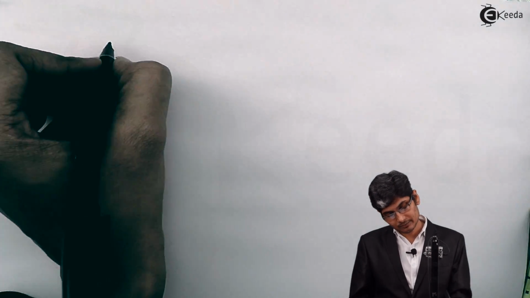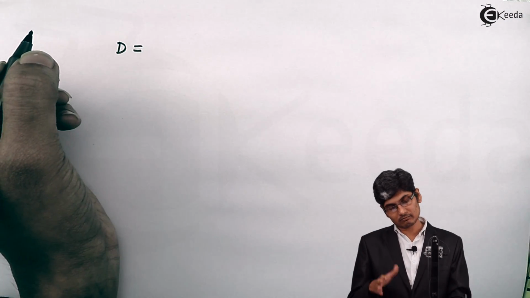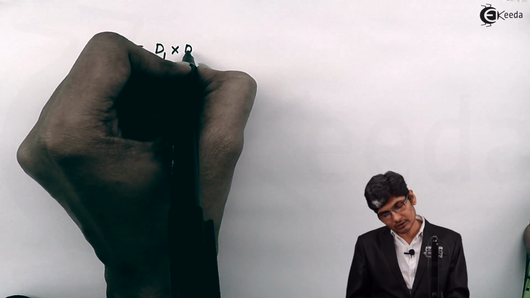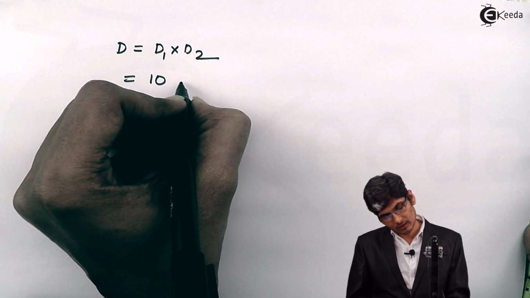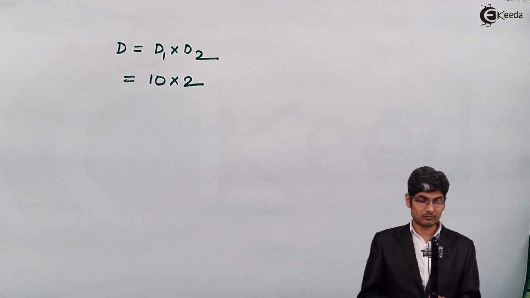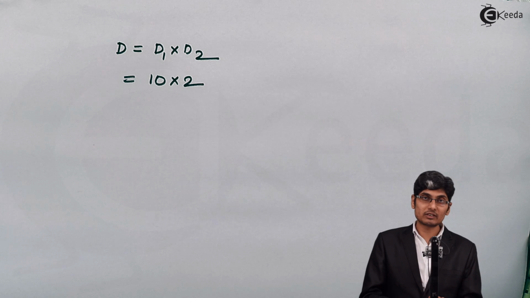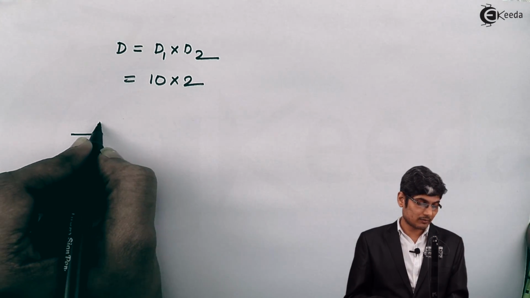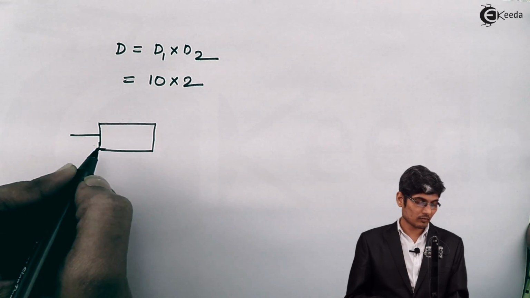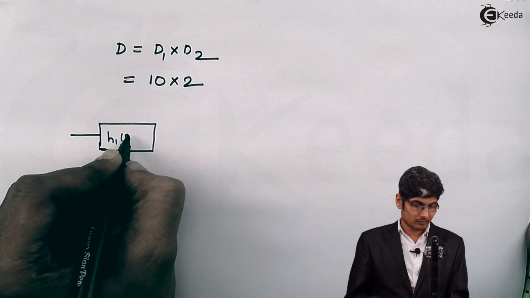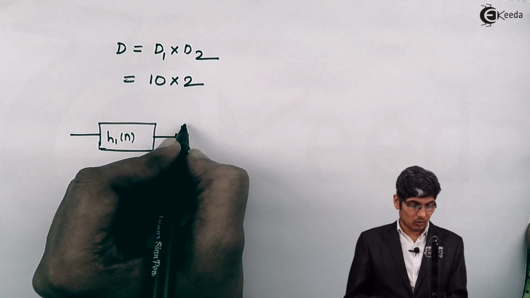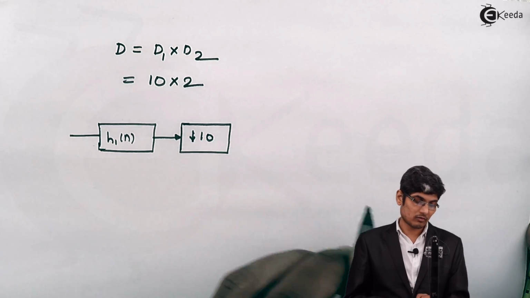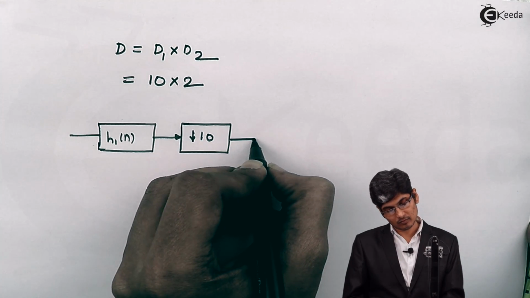Now I'm going to factorize my D as D1 cross D2, let's say 10 cross 2. So the first stage will be 10 and the second stage will be 2. How will the structure look? I will have H1(n), which goes as an input to a decimator of decimation factor 10.